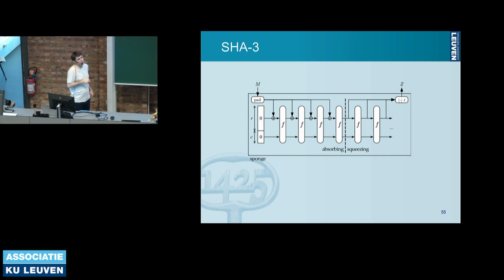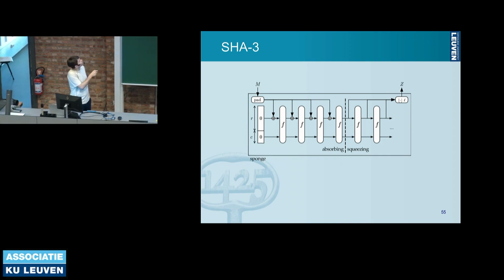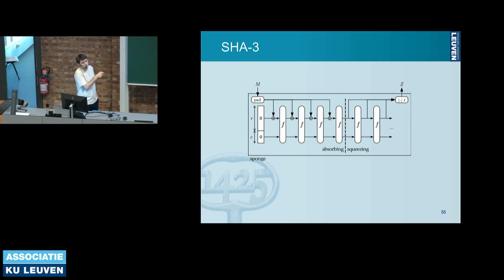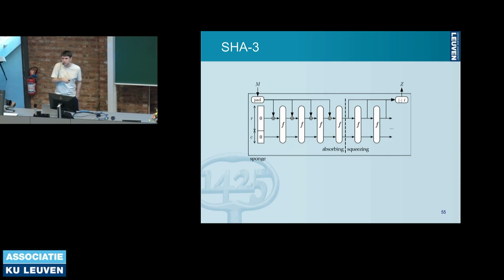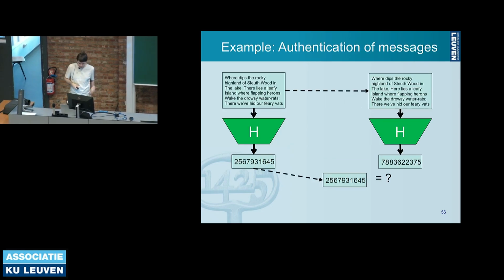But instead, you take your message, you split it into blocks, and then in each step, you XOR one block to part of this state, apply the state update function f, and you repeat this. Then at the end, after absorbing all the message blocks, you extract a smaller number of output blocks. But you're not extracting the full state, so you cannot compute back. You only extract a part.